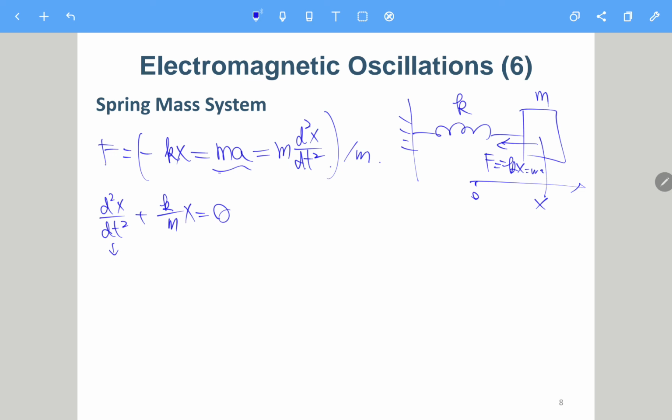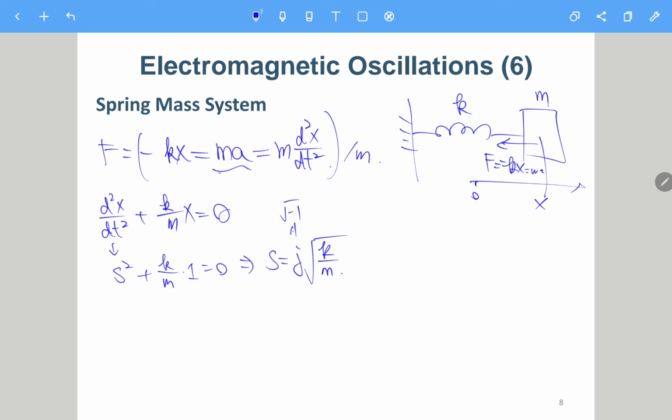For the second derivative, we change it to s squared, and for x, we change it to 1. So we will get s equals j or i times the square root of k over m, because both k and m are positive values.